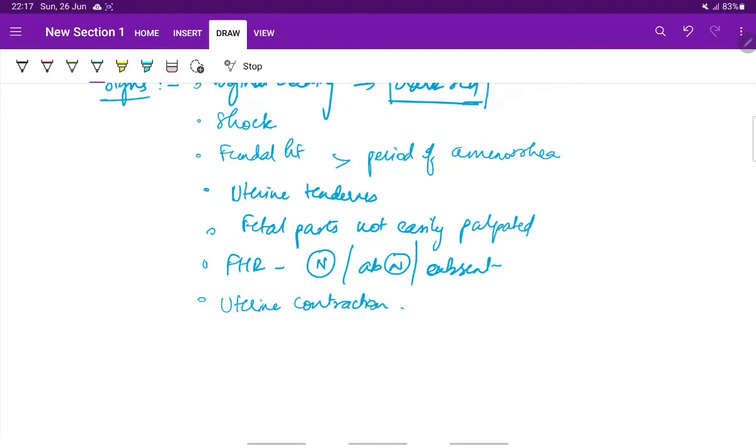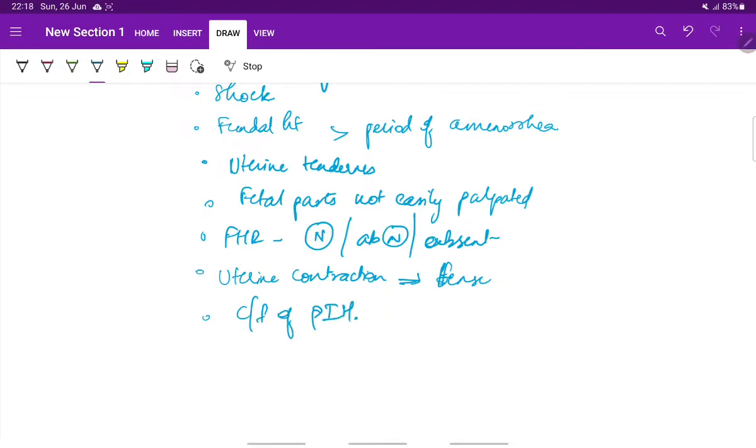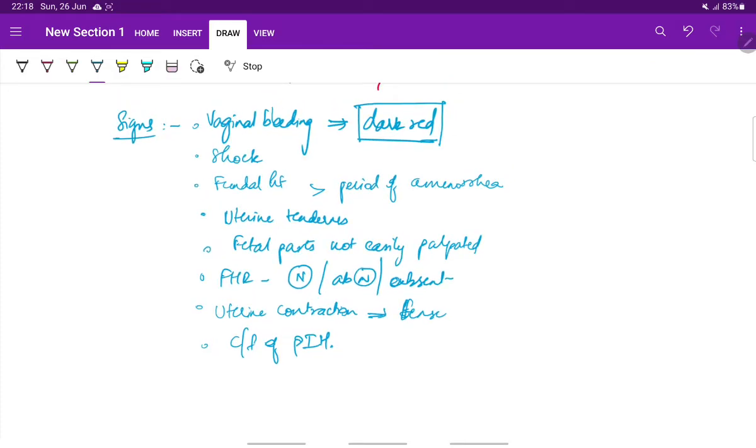That is why the uterus appears to be firm, that is tense. Next, there can be features of pregnancy induced hypertension also. These are the signs of abruptio placentae.